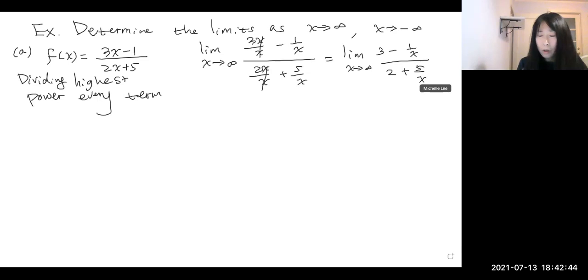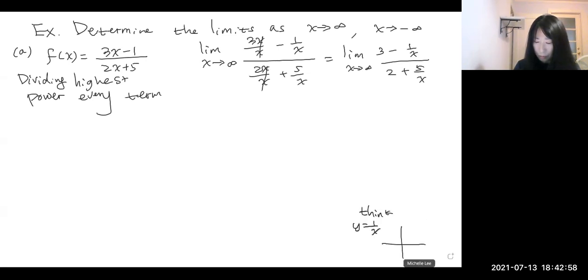Okay, now we're going to determine where the limit goes. So 1 over x, as x approaches positive infinity.